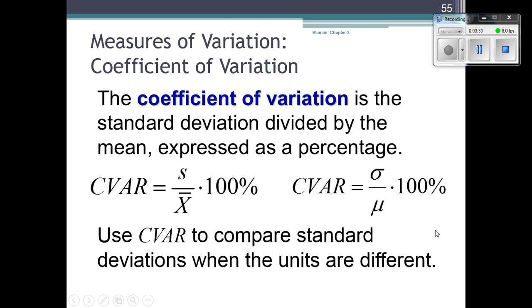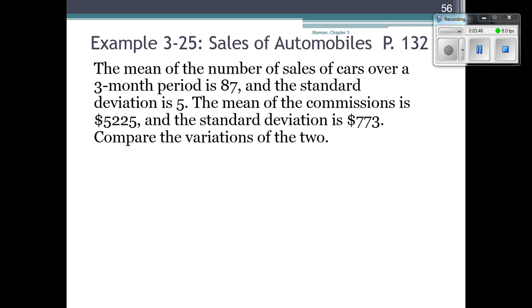Okay. So we use a CVar to compare standard deviation when we're talking about two different sets of units, two separate sets of data that are measuring two separate things. For instance, if we were talking about the number of sales of cars over a 3-month period, and we were talking about the amount of commission that these automobile salesmen made.